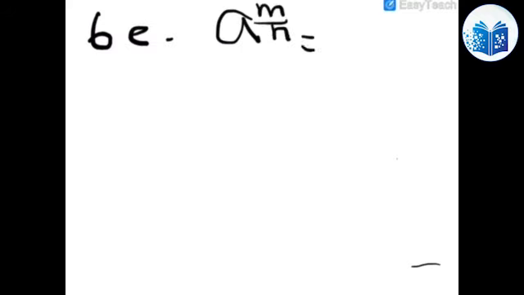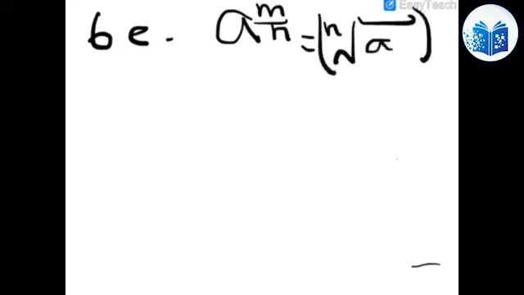Okay, question number 6 E. We will be using law 7: a power m over n is equal to the nth root of a, whole power m. This was law number 7.